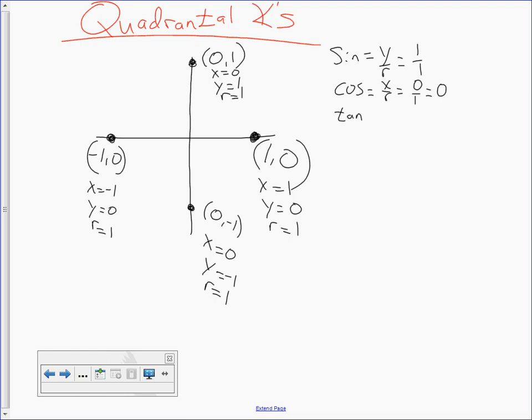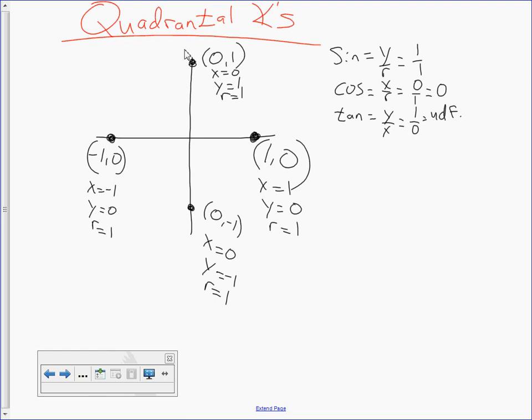And then tangent is y over x, which is 1 over 0, otherwise known as undefined. Everybody okay with that?